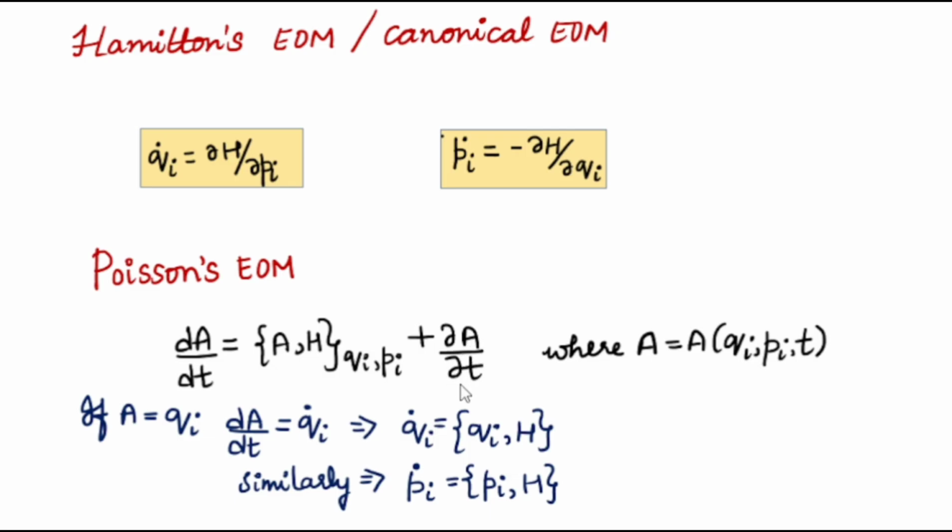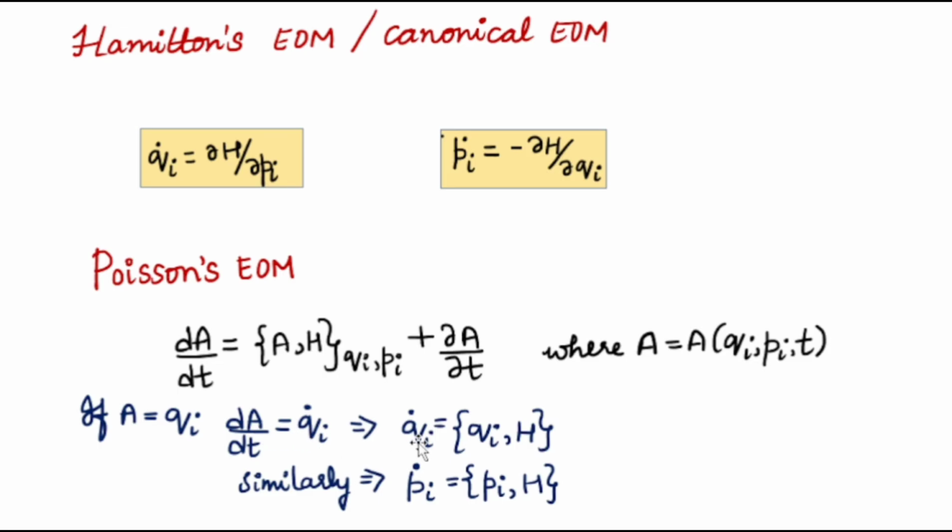If I consider A to be the generalized coordinate qi, then the total derivative with respect to time gives qi dot, the generalized velocity.